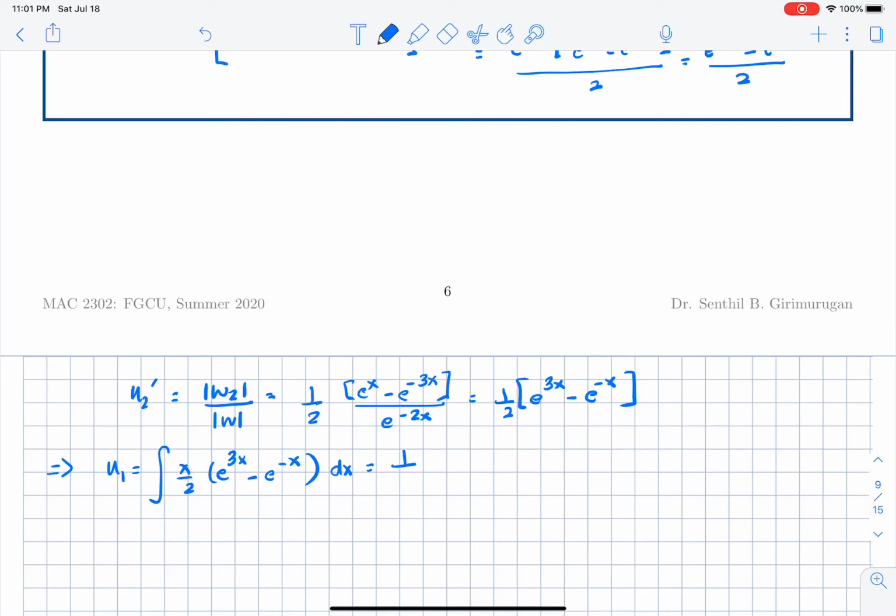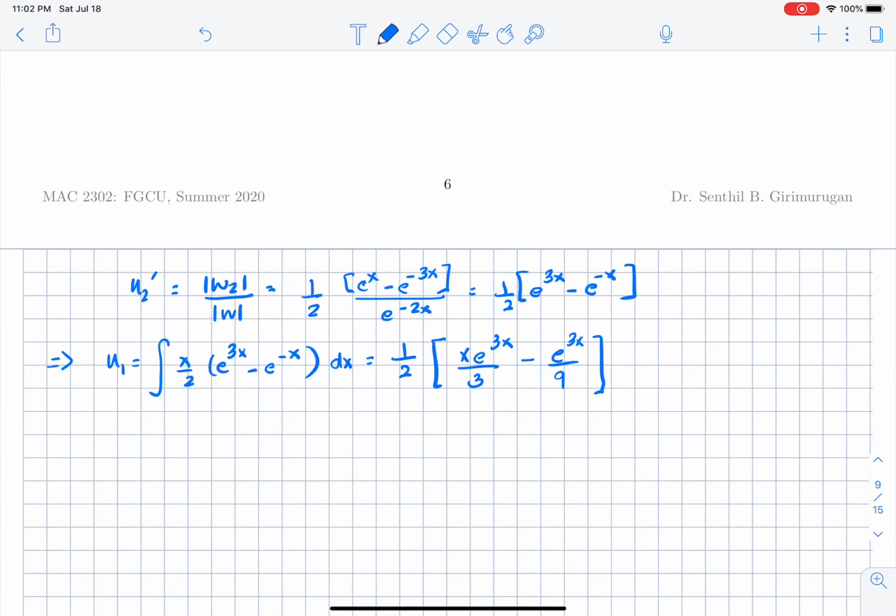So 1/2 x e^(3x)/3 minus e^(3x)/9, minus 1/2 x e^(-x)/(-1) minus e^(-x).